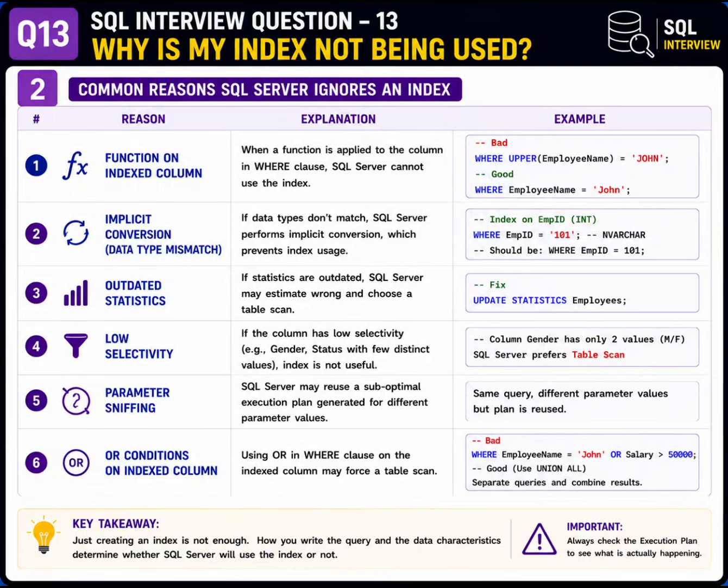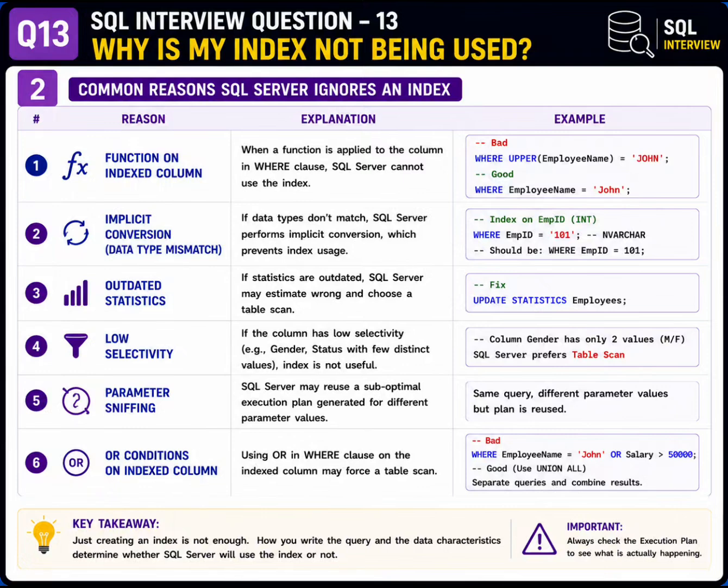Then the fourth reason is low selectivity. Suppose a column contains only two values, like male or female, or active or inactive. If an index exists, SQL Server may decide that scanning the entire table is cheaper than using the index.